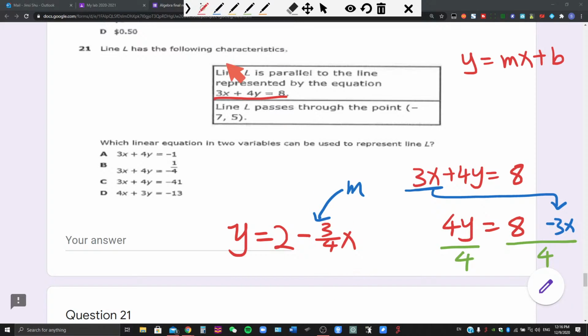Or actually, if we write it as y equals negative 3 over 4x plus 2, that might make it more obvious. But even if they change the order, m is a number in front of x. So m is negative 3 over 4.